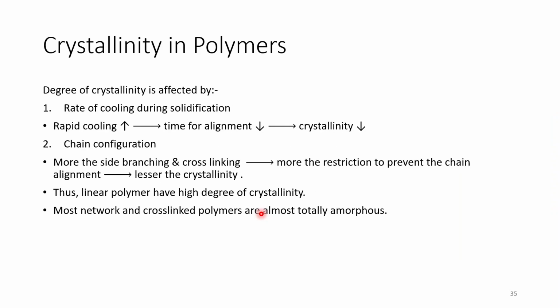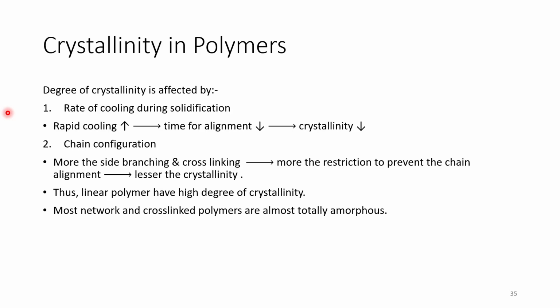Now crystallinity in polymers. Degree of crystallinity is affected by these factors. First is rate of cooling during solidification. If you are cooling your polymer very fast, then there won't be any time for alignment of chains. So this will cause reduction in crystallinity. Next up you have chain configuration.